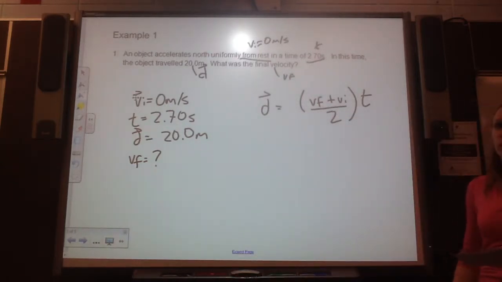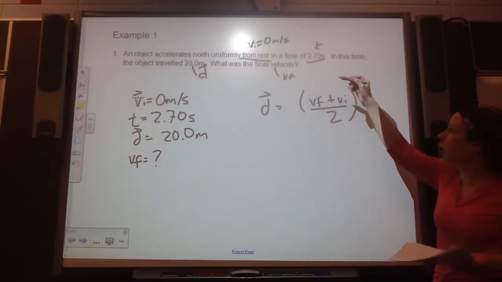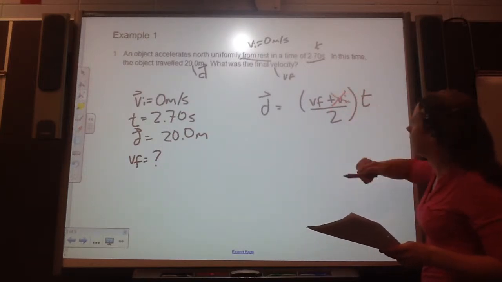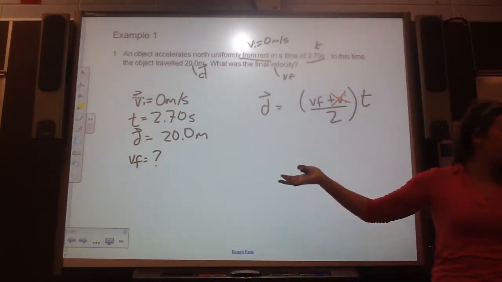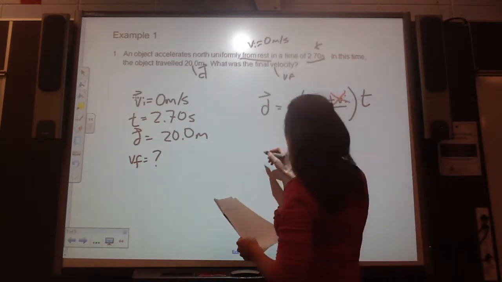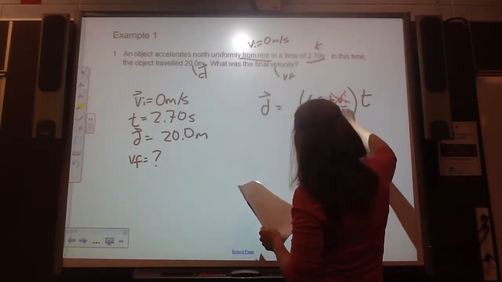We have to rearrange the formula to get the... Yep. But I'm going to do one simplification. What do I know about Vi? It's 0. So I'm going to just kind of cross that out because there's no sense rearranging with something that's just 0 anyways. So on this side, I want to isolate for Vf.